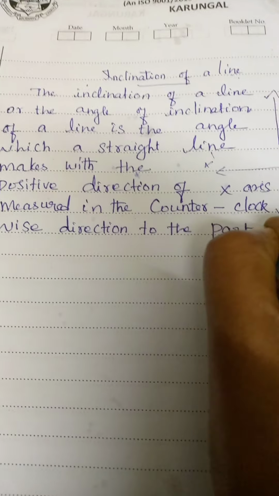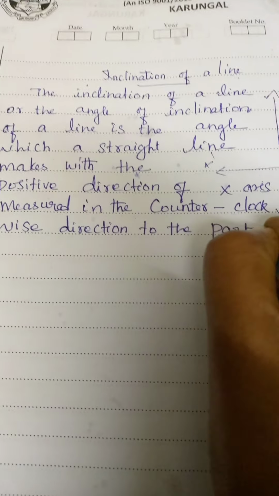That means the inclination of y-axis is 90 degree, as well as the lines parallel to y-axis are also 90 degree. Understood, students?